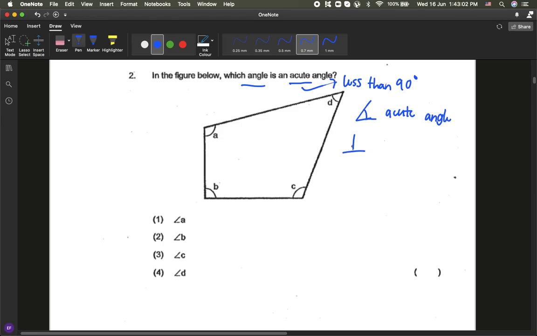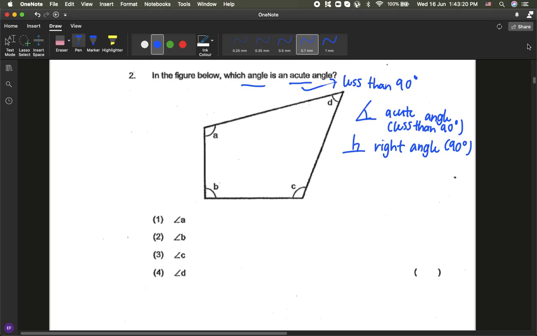And this is a right angle, which is equal to 90 degrees. Let me put this, less than 90 degrees.